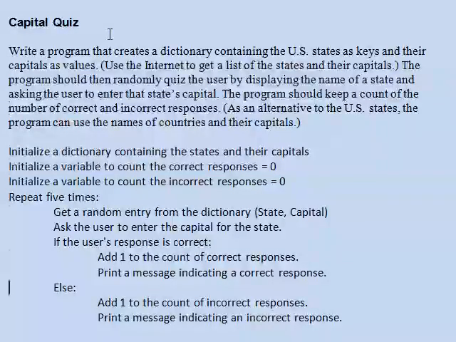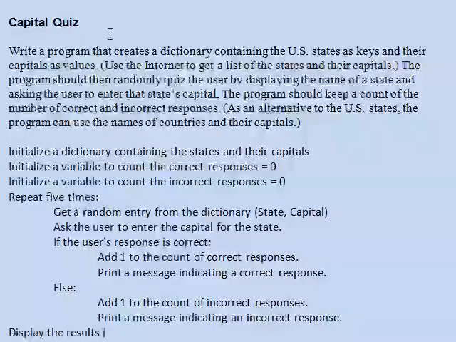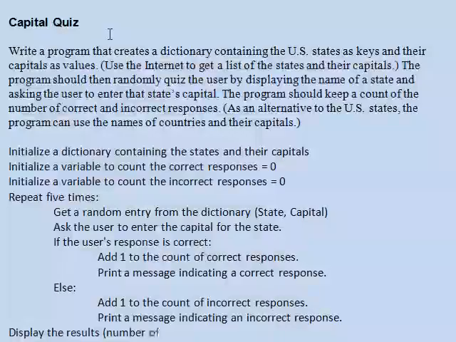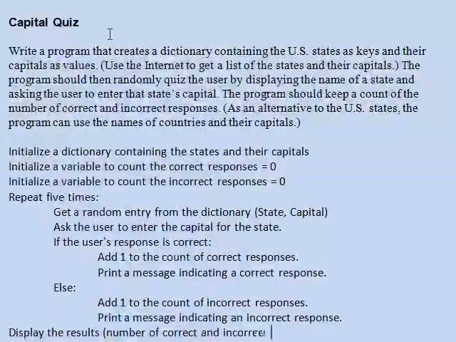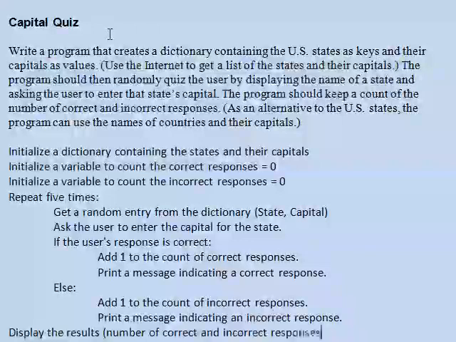Okay. So now, after the loop finishes executing, the last thing that we're going to do is display the results, and that is the number of correct and incorrect responses. Okay, so that's pretty much the overall logic of the program.